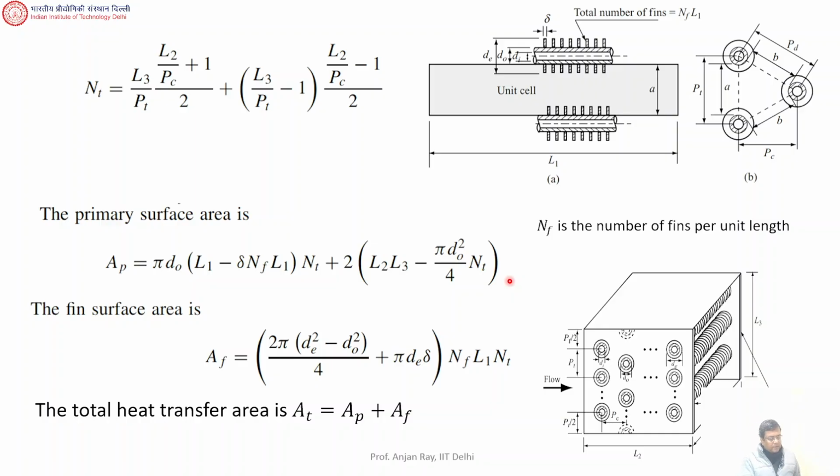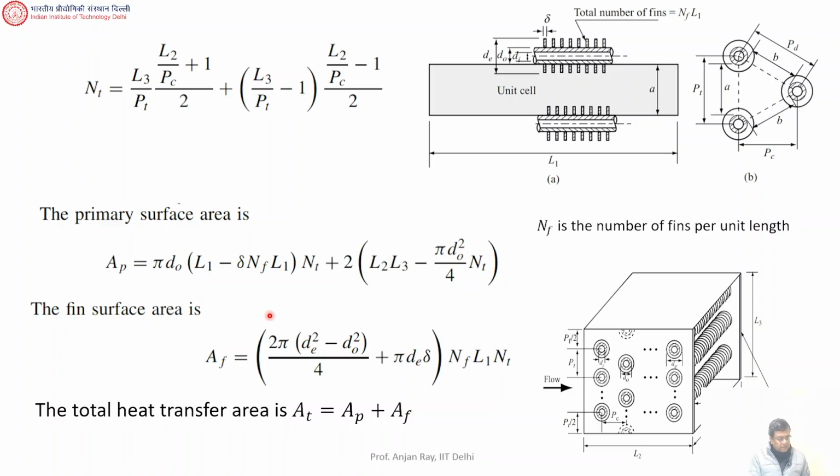All right, one by one. What is pi DO L1? Pi DO multiplied by L1 is the outer surface area of a tube, right?